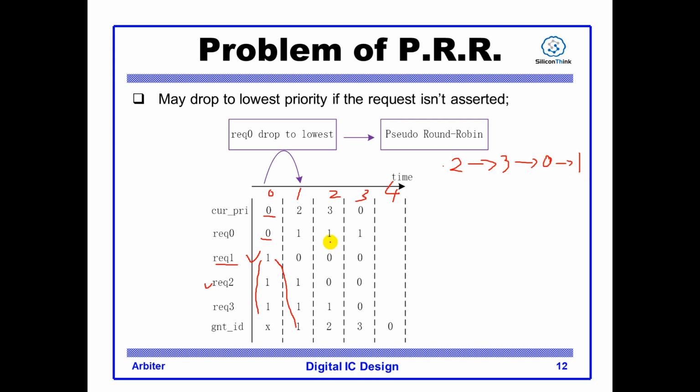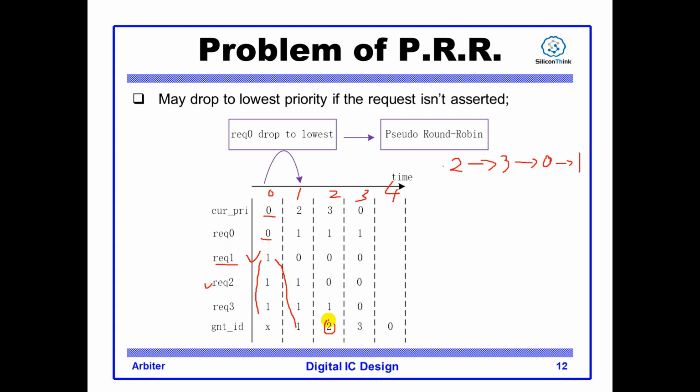So at this cycle, if request 0 asserts the request, but the priority has changed, request 0 can't get granted.